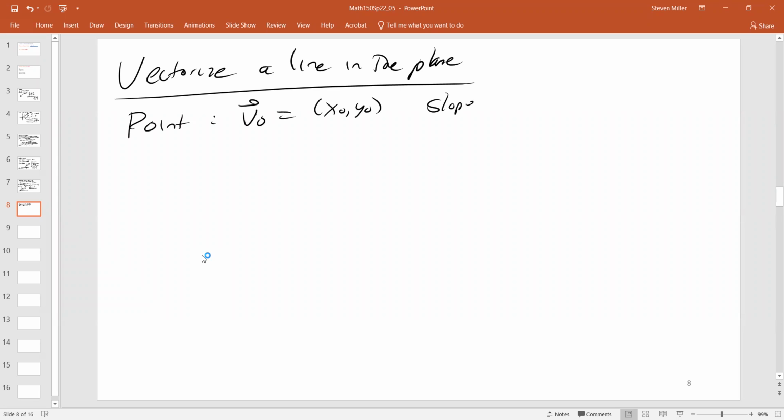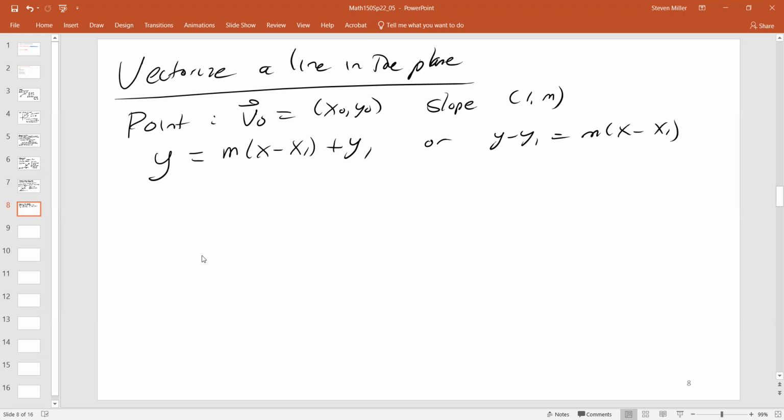And we have a slope, which is 1, m. And we have the equation, y equals m times (x minus x1) plus y1. And this is our equation. Or y minus y1 is m times (x minus x1).